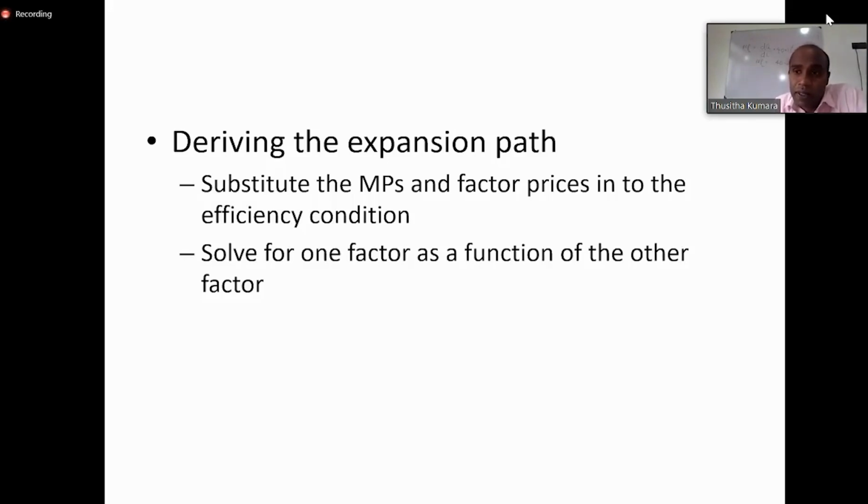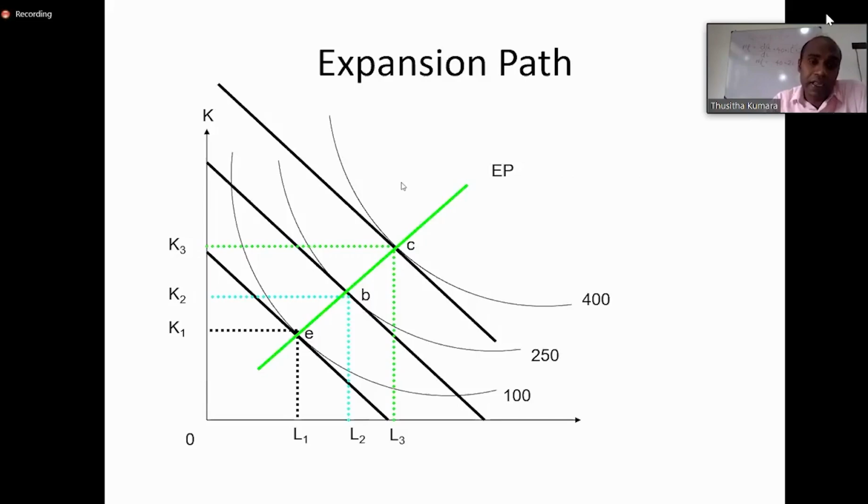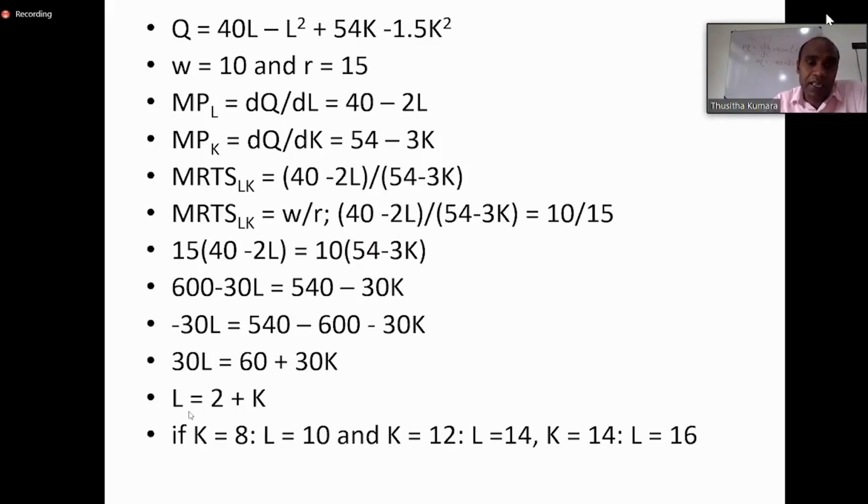When we derive the efficiency condition, after that we can put the values of MPL and MPK and also the W and R into the efficiency condition. Then we need to solve that equation for one factor, which is what we did here.